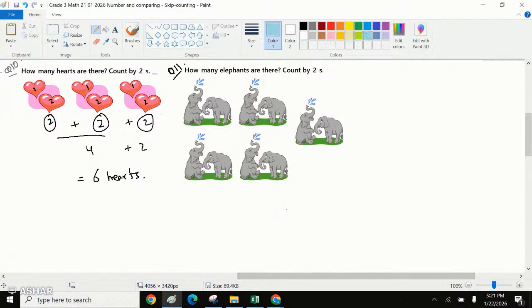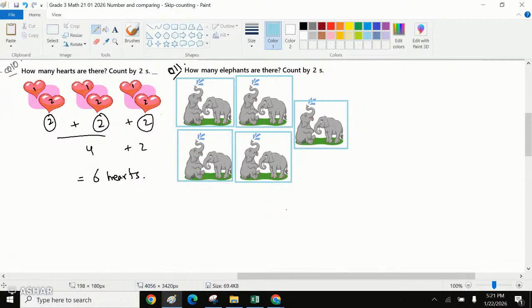How many pairs, how many elephants are there? We can see there are 5 pairs of elephants, right? And each pair of elephant has 2 elephants. That means 2. Yes, thank you. Thank you, Rebecca, Aiken, Precious.